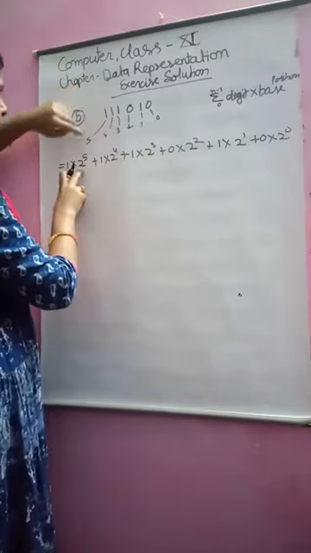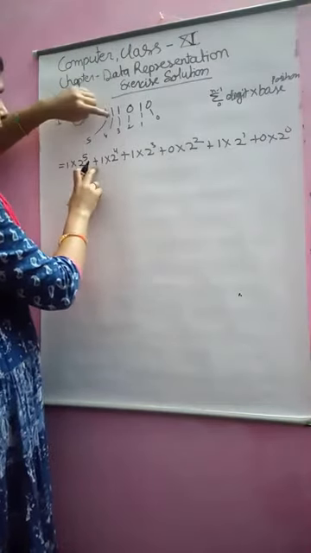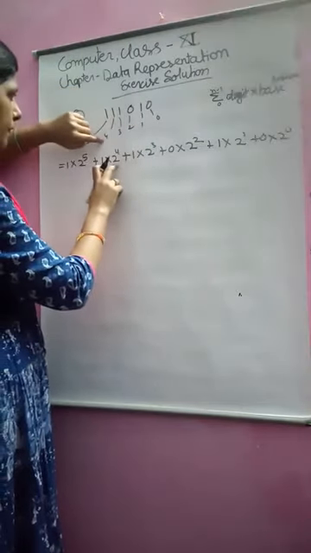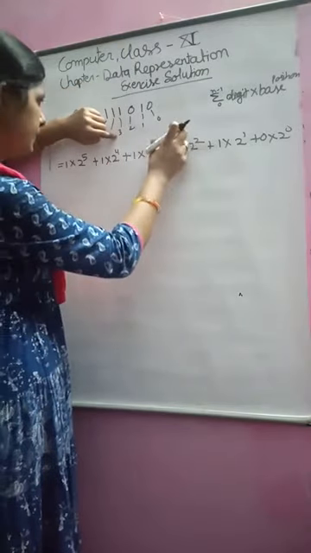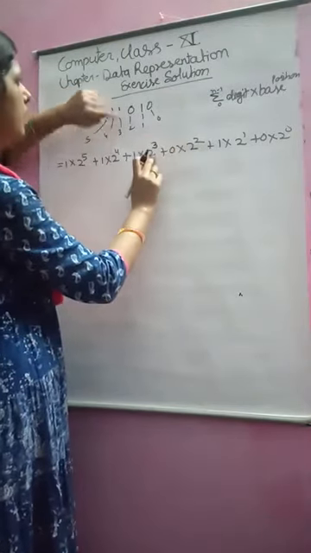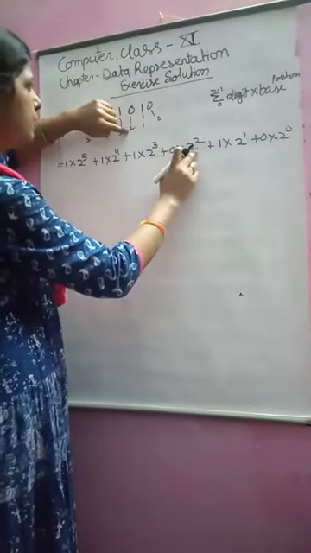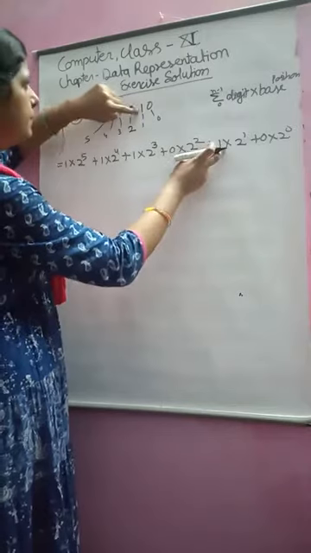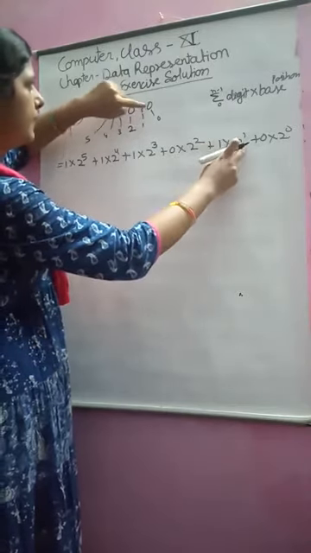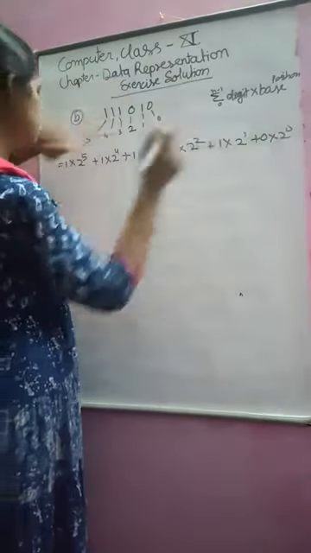That is 1 cross 2 to the power 5 plus 1 cross 2 to the power 4 plus 1 cross 2 to the power 3 plus 0 cross 2 to the power 2 plus 1 cross 2 to the power 1 and 0 cross 2 to the power 0.